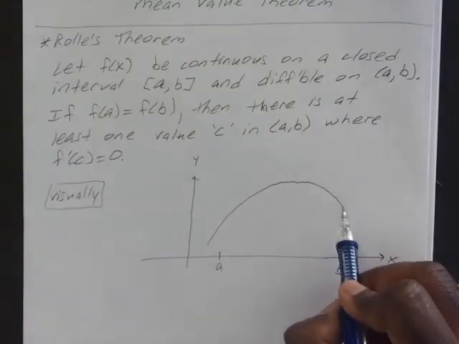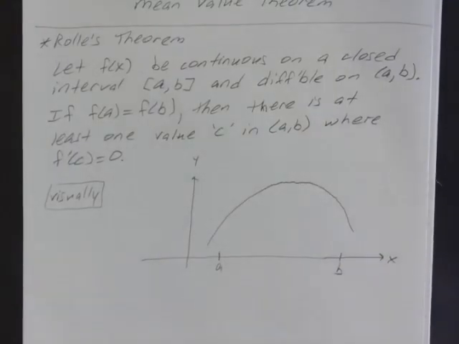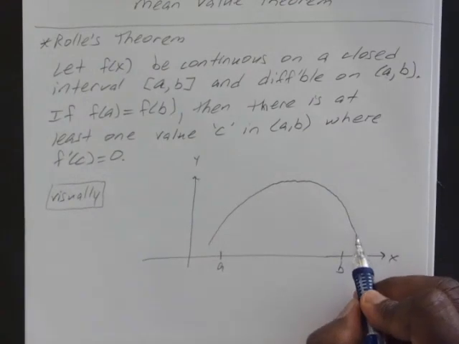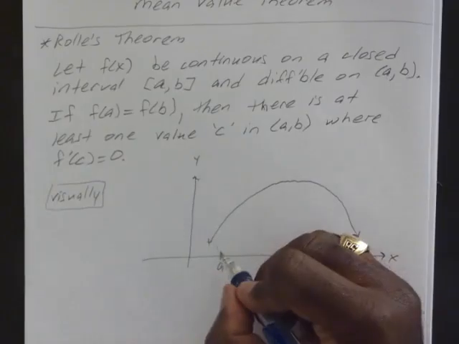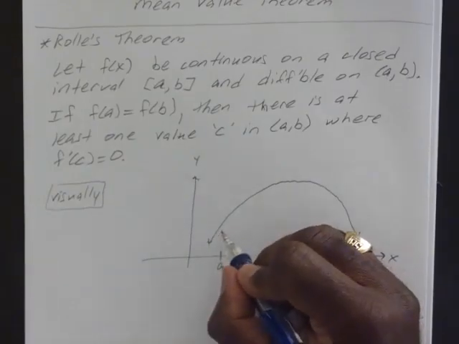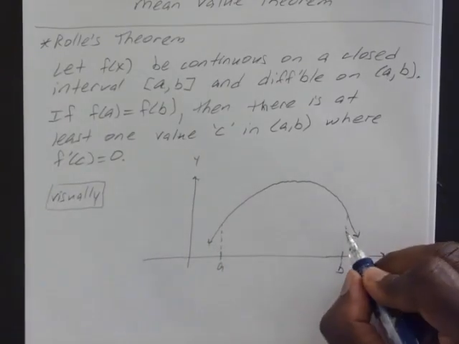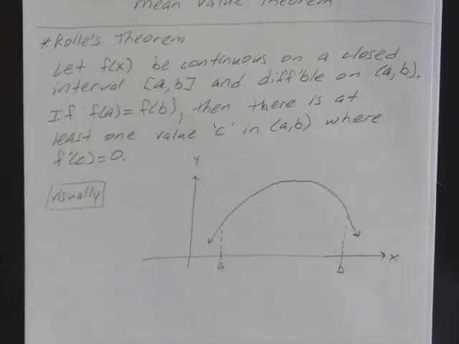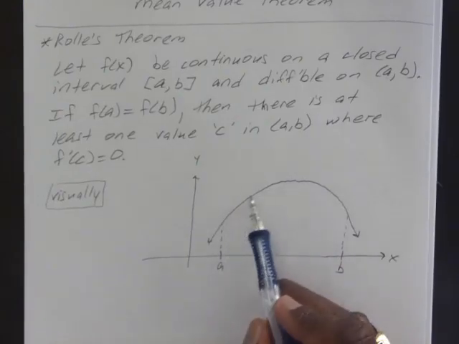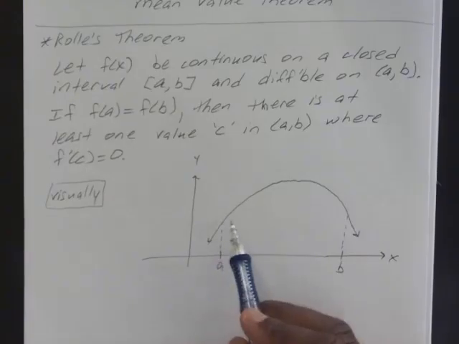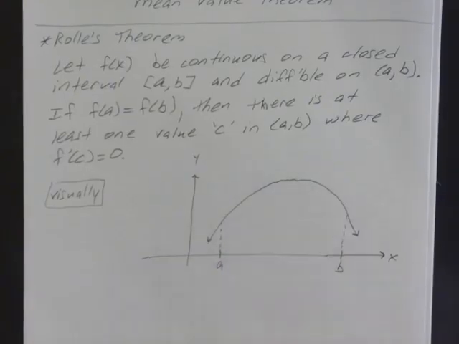We'll just draw a random continuous function. Again, we're only looking at x equals a to x equals b. Okay, so we can see that it's continuous. And if we look for the derivative at any of those spots, we'll see the derivative exists. We take the limit from the left and right at any point, we'll get the same thing.